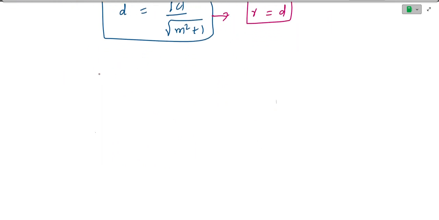So r will be equal to mod c divided by under root of m square plus 1.